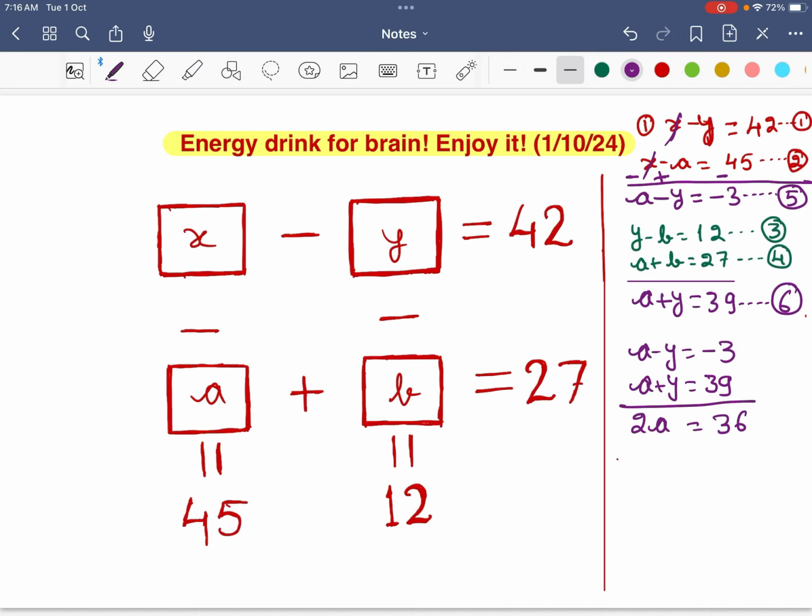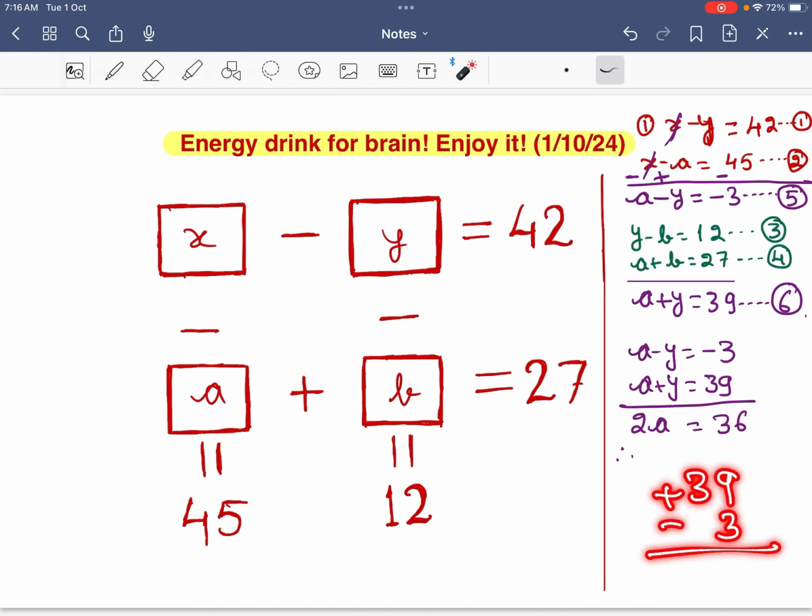Why 36? I hope it's understood to you, because here minus y plus y will be cancelled first of all, and here plus 39 and minus 3. As the greater number is carrying plus sign, so answer will be in plus, and as both the numbers are carrying different signs, we have to subtract 3 from 39 and that is equal to 36.